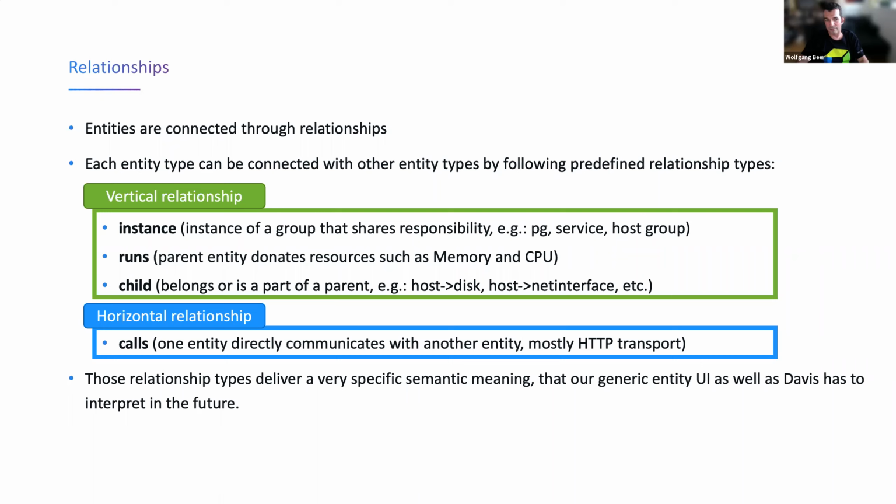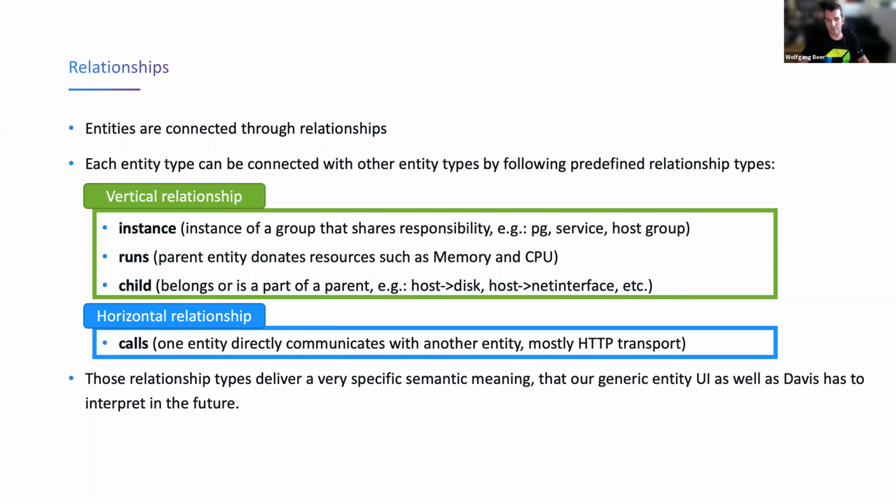Or the runs on relationship, for example, where the process is running on a host. Or child of, where you can imagine a disk is a child of a host. The child of relationship basically doesn't contribute resources to the run entity, which is different from the runs on relationship.